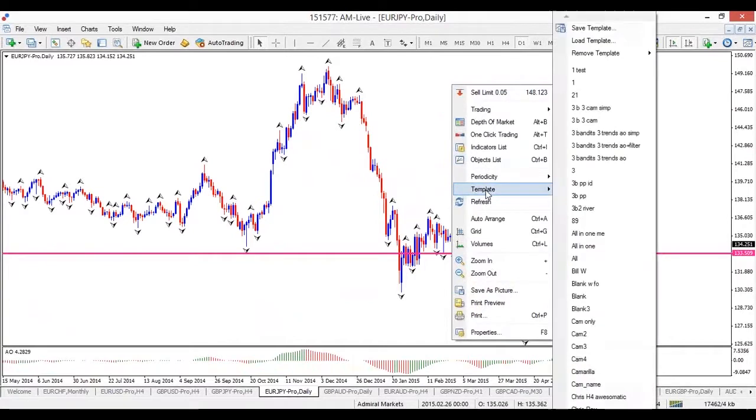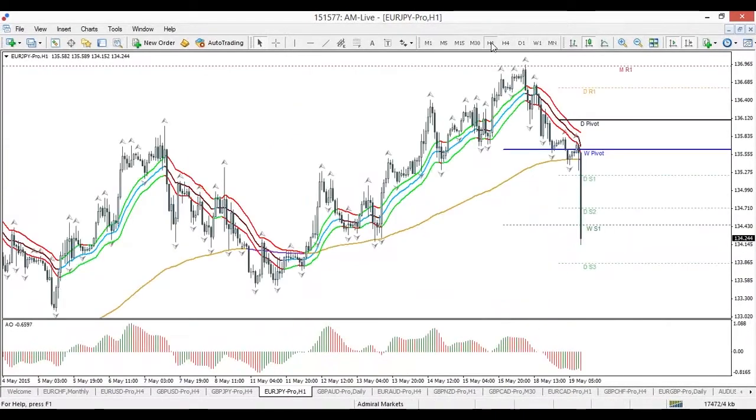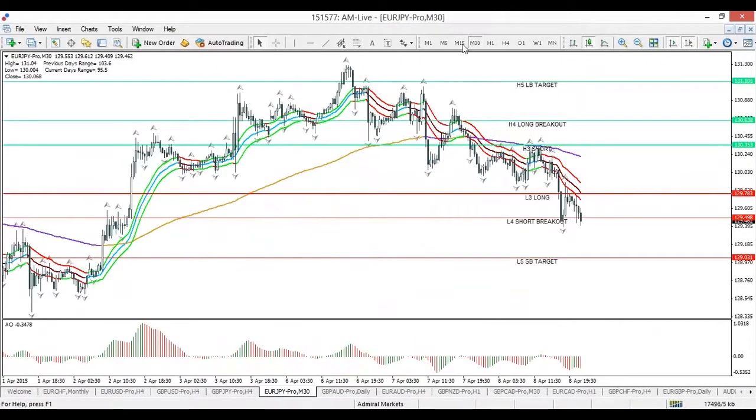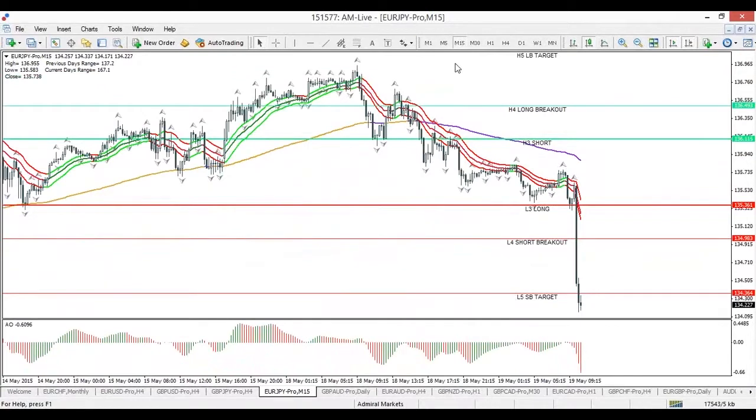Let's zoom in using the Camarilla and take a look at the pivot points. It's a pretty sizable bar. It would have been a good trade for the moving average and Camarilla breakout below L3.